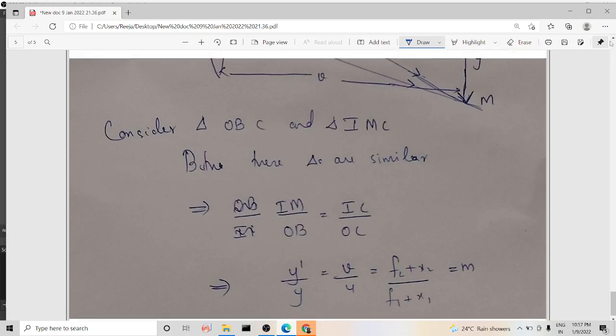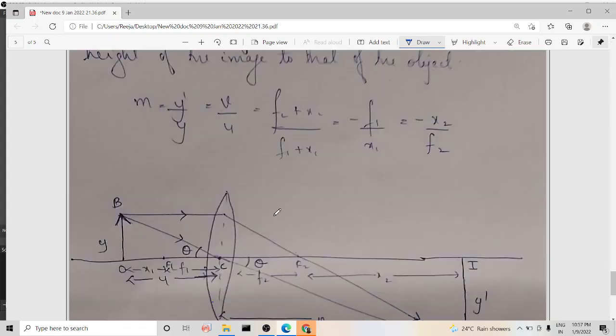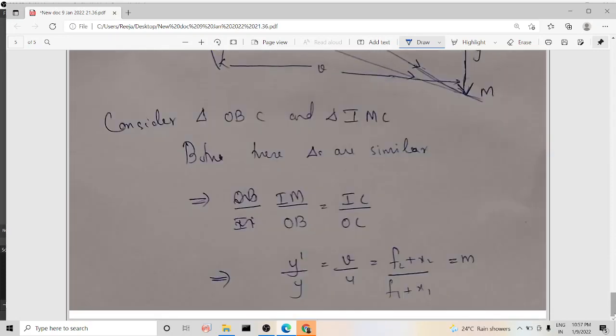How did I get that? Now my u is equal to first focal length f1 plus x1, and v is equal to second focal length f2 plus x2. So I got m is equal to y dash by y equal to v by u equal to f2 plus x2 by f1 plus x1, which is the magnification.